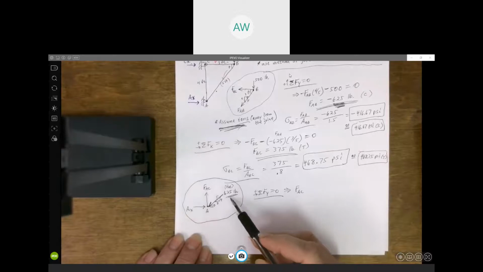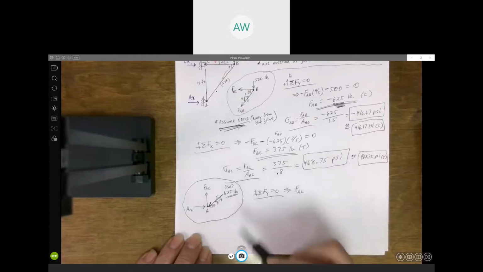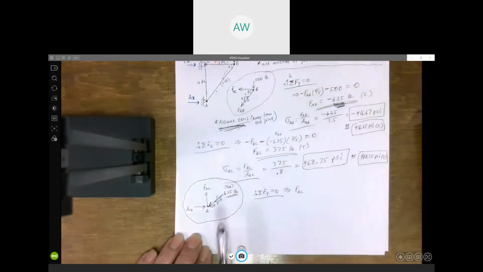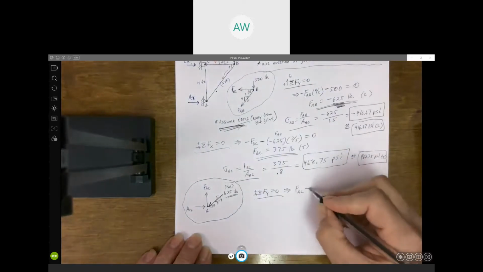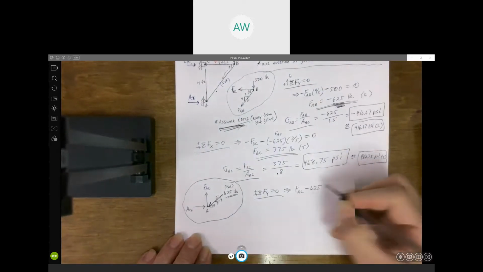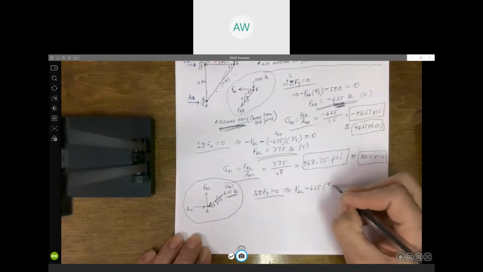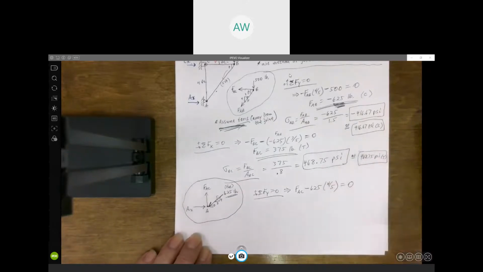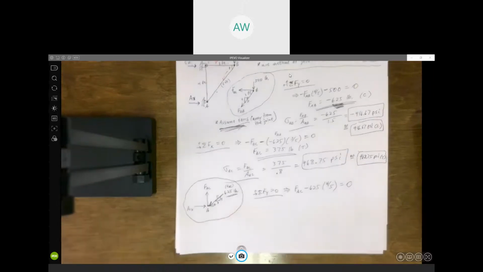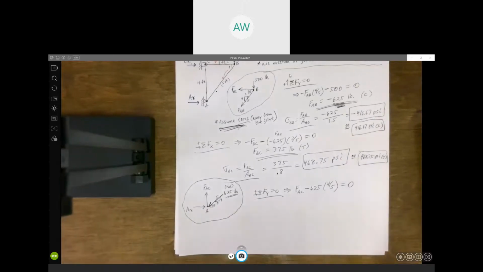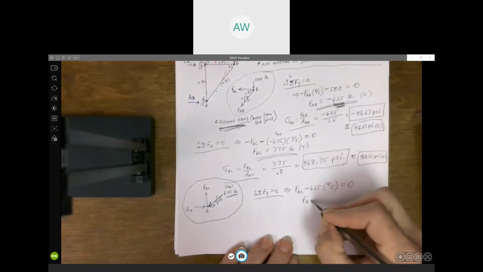The y component of 625 pounds would be directed downward, so negative: 625 times sine of that angle, which is 4/5. And that's going to add up to 0. AB is horizontal, doesn't have a y component.